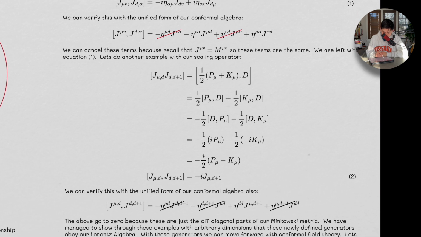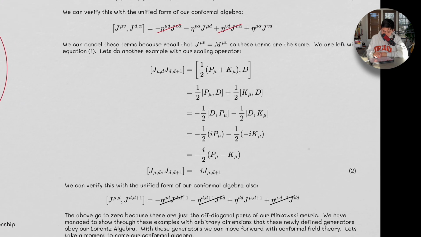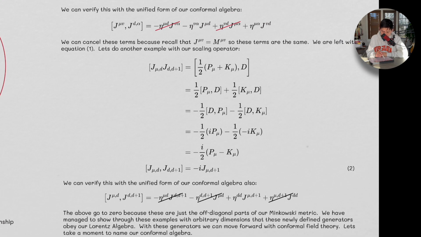The other example is mu d with d and d plus 1, right? So we have the dilation and this guy right here. So the dilation then is here, this guy, and then this one right here is right here. Again, we distribute, and then change sign again. We've calculated these commutation relationships before.